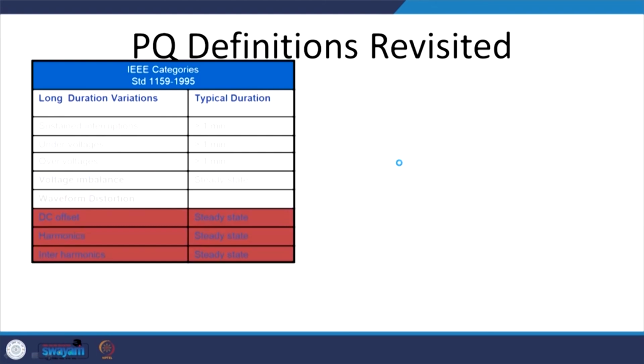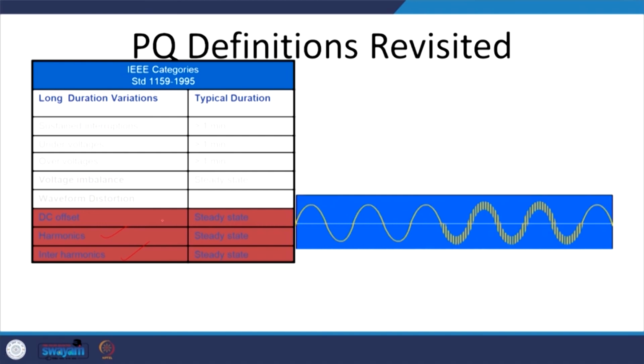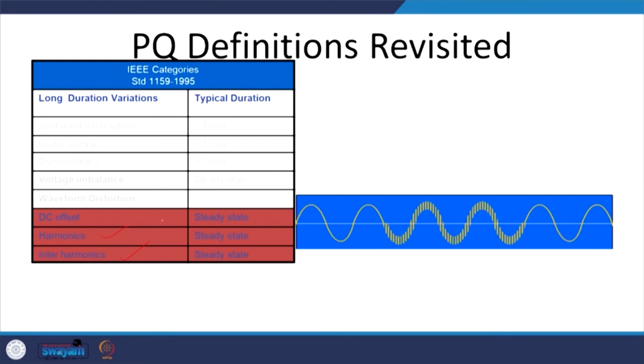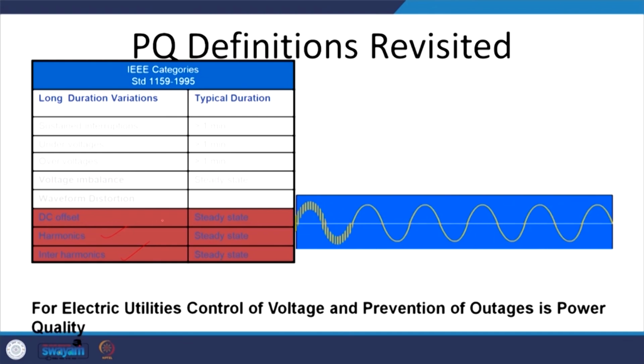Similarly, we can have a DC offset, we can have harmonics at steady state and interharmonics, which is something quite interesting. So, this is the harmonic at steady state, and you can have a DC offset, that is your AC and DC do not match, and sometimes it is not an exact multiple, then we say that it is the interharmonic.